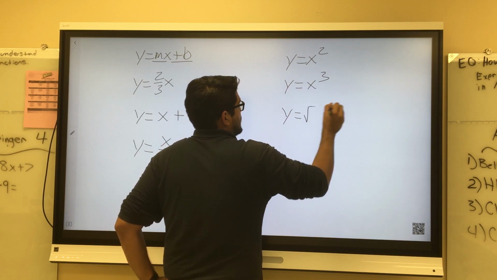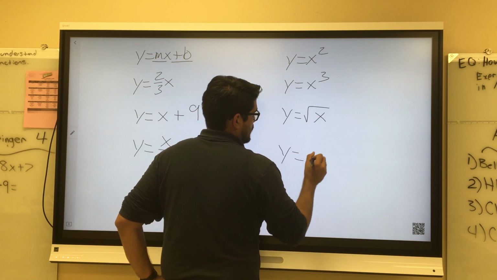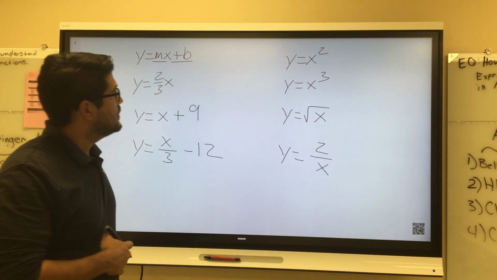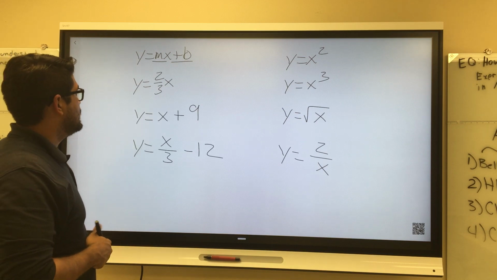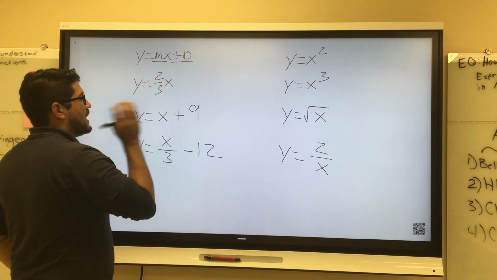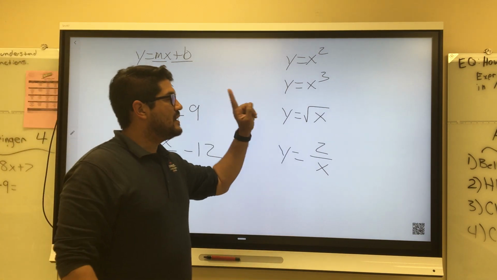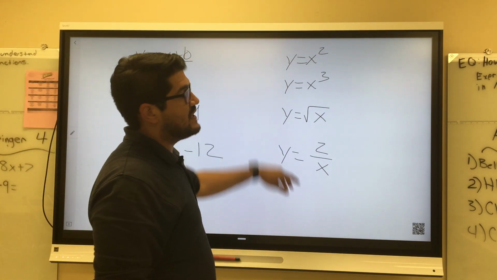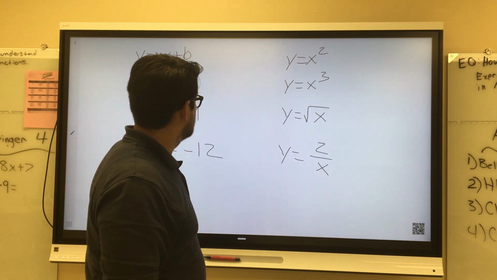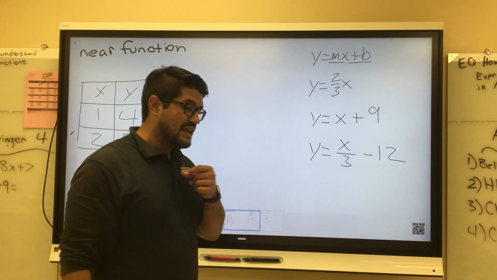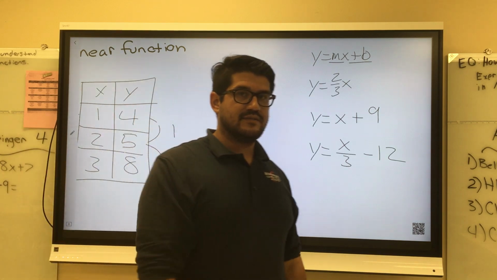This is also not a linear function because the x is in the bottom of the fraction. Linear functions, you're allowed to add, subtract, multiply, divide to the x. What you're not allowed to do is have the x in the bottom, have it be a square root, or have any kind of exponent at all. Okay, so that's what's going on in the last 4. You're telling me, is it linear or is it not linear? And that's it.